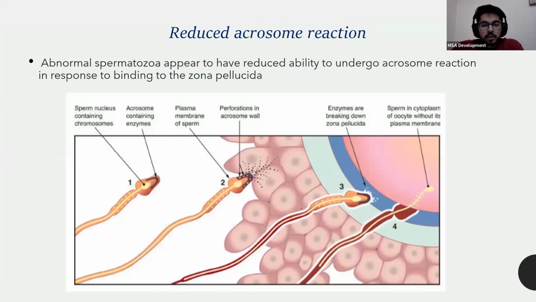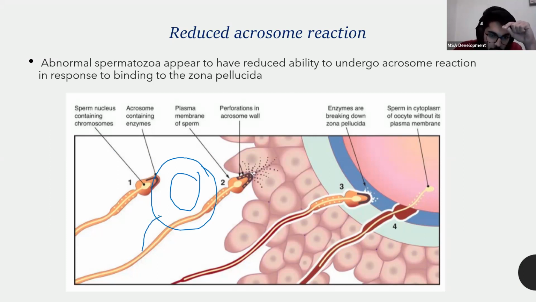Reduced acrosomal reaction. We said that around the oocyte, or around the egg, there is a protein coat called the zona pellucida. And there are specific enzymes located in the acrosomal vesicles that help the sperm break through it and reach the egg to fertilize it.